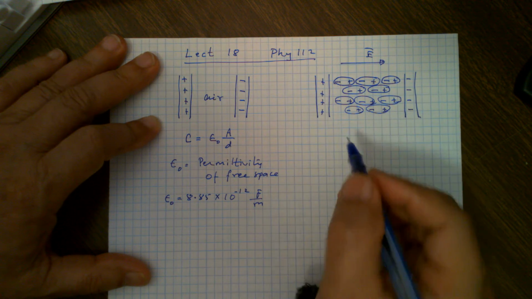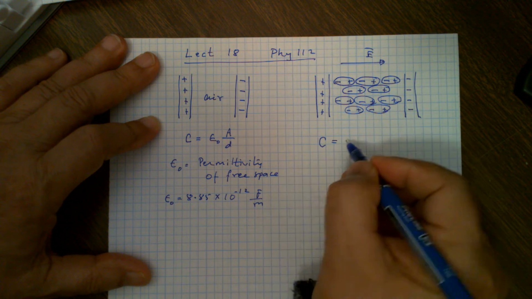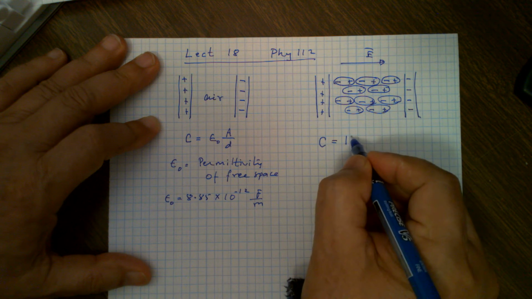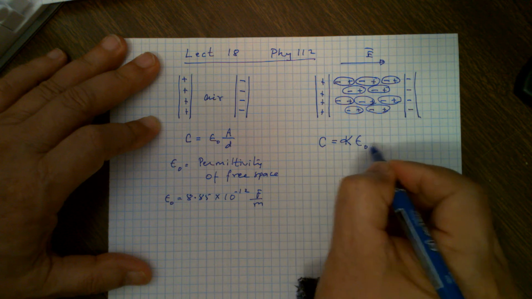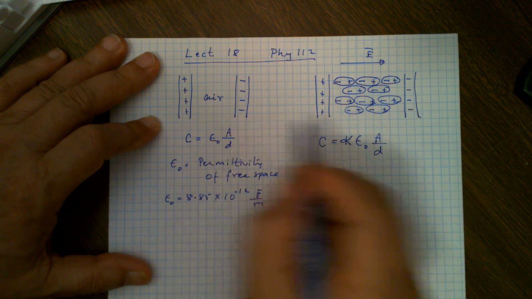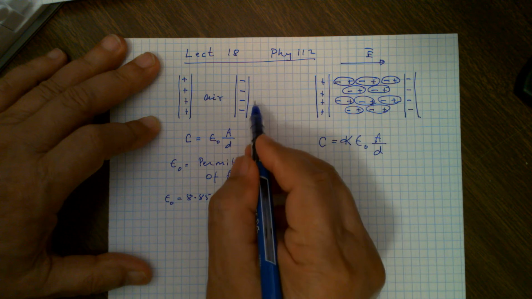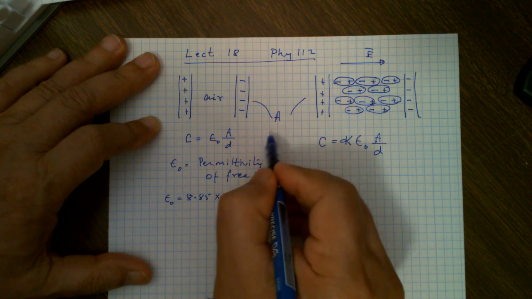So in this case, the capacitance you can write in this manner: C is kappa epsilon naught A by D. Where A, of course, in both cases, is the area of these plates.